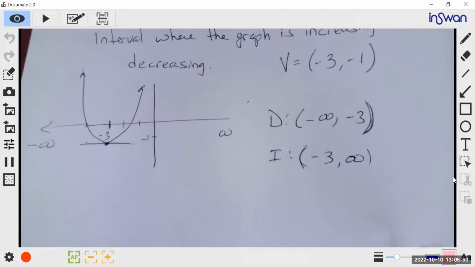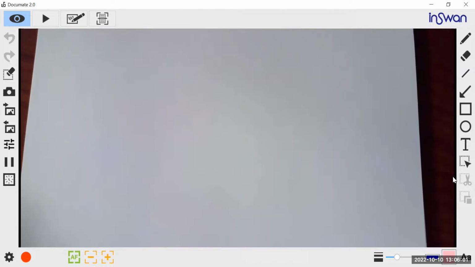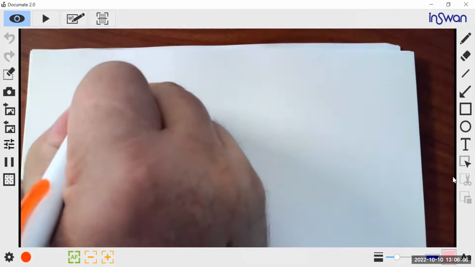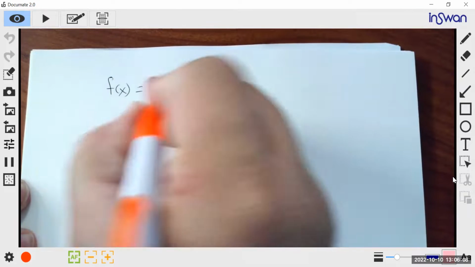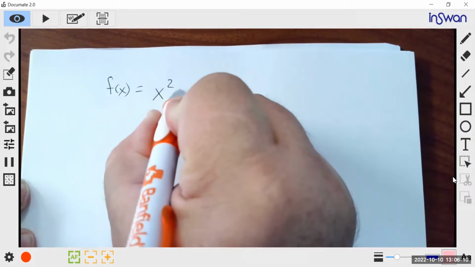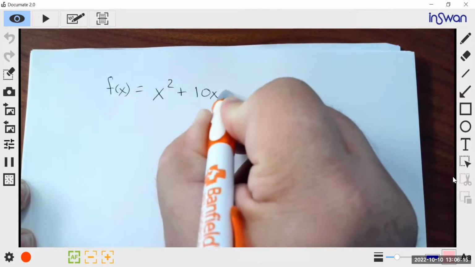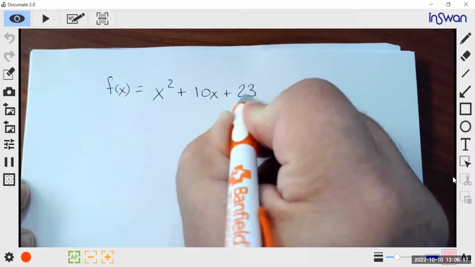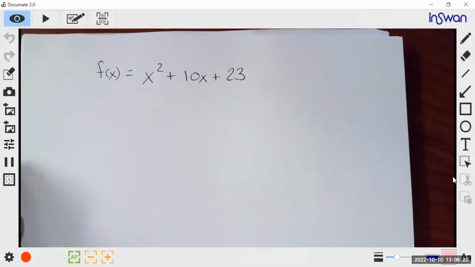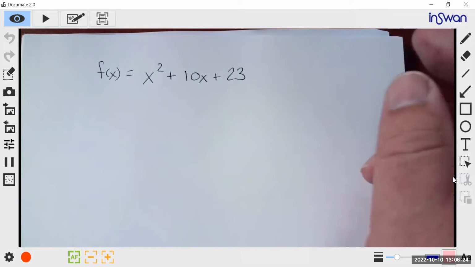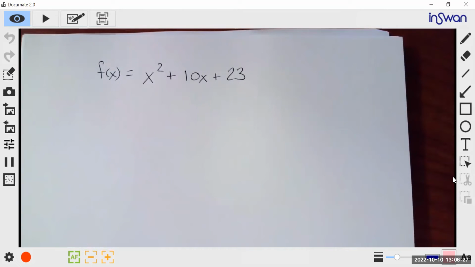Let me put some other examples. Let's figure out all this stuff. So give me a rough sketch of this graph. You have to tell me all the stuff: where it's increasing, where it's decreasing, the vertex, the x-intercepts, the y-intercept, the axis of symmetry, the maximum or minimum point.